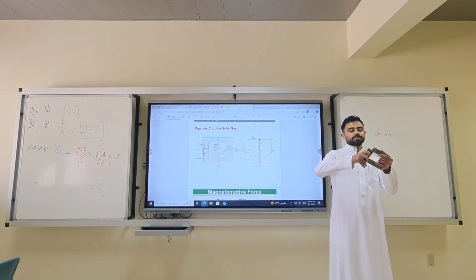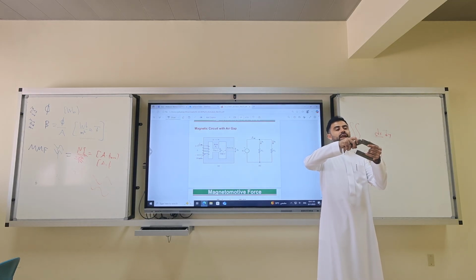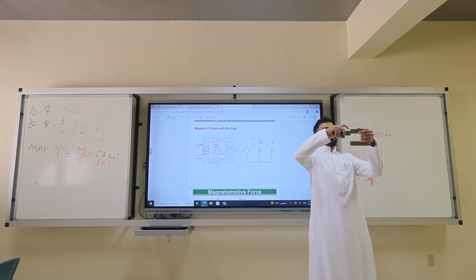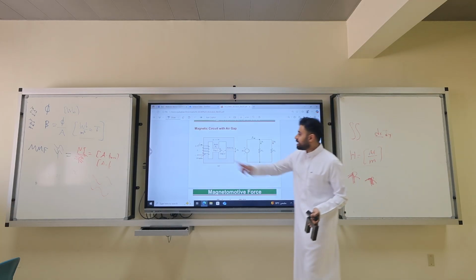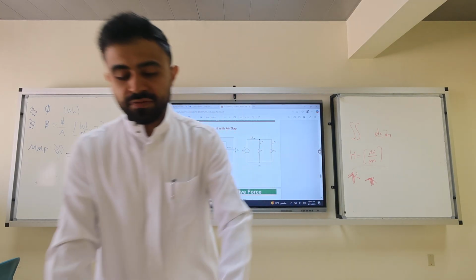What is the air gap here? Half the square. So it is the gaps in the flux path. This is called an air gap.